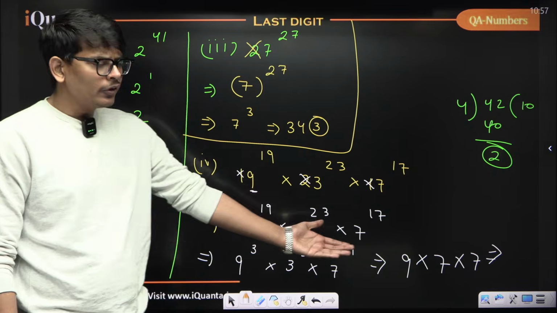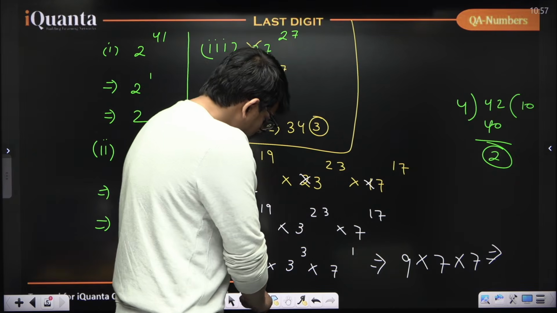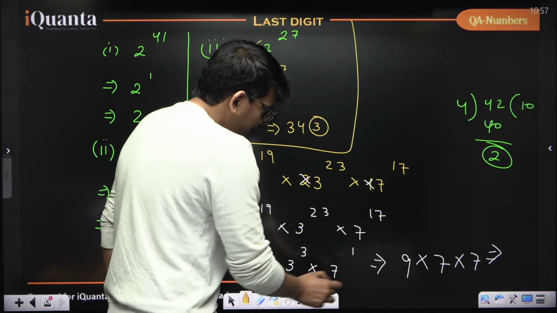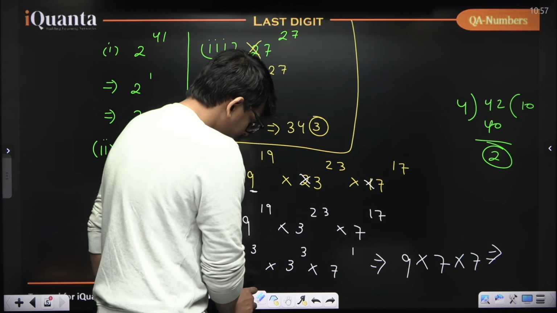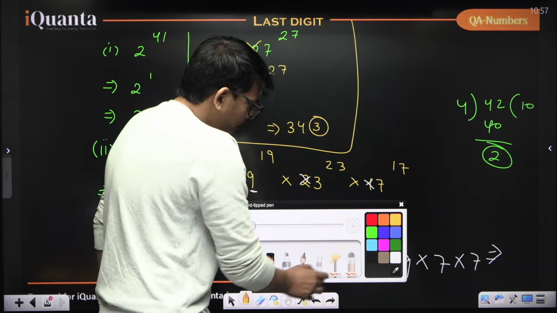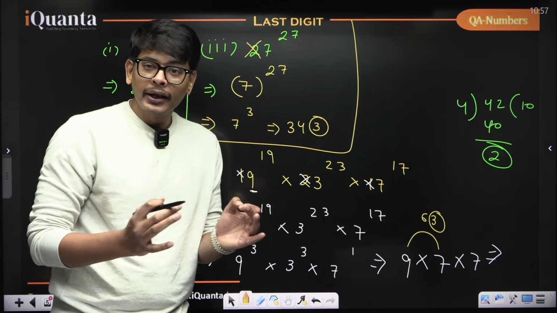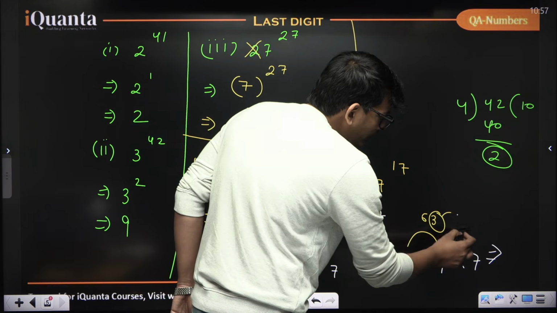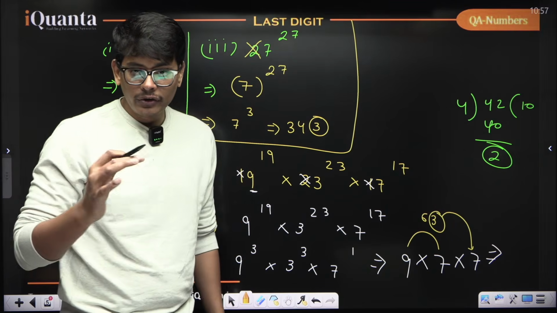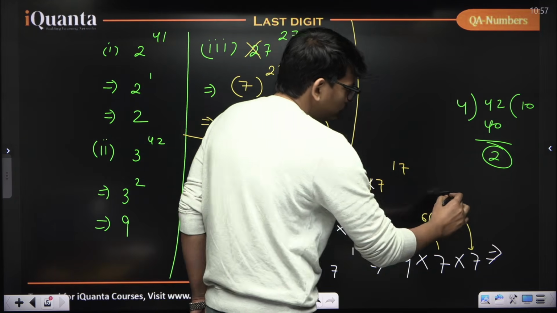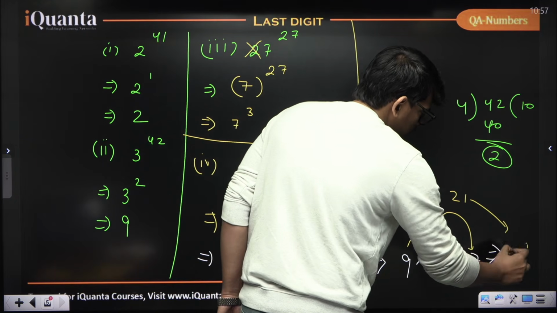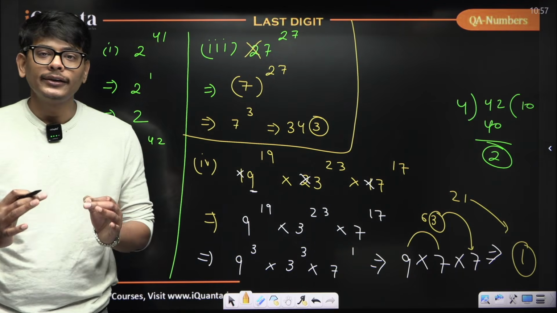That's it. Now you have to multiply this. So 9 into 7 is 63. Just a second. Yeah, 9 into 7 is 63. For 63 also we will take the unit digit 3. 3 into 7. 3 into 7 is 21. So 1. So the final answer is 1.